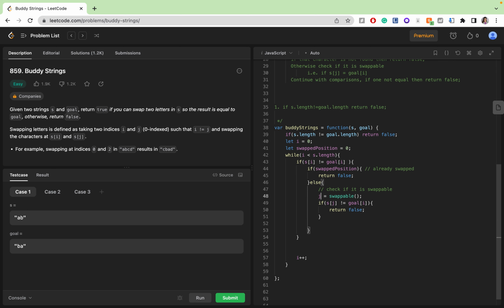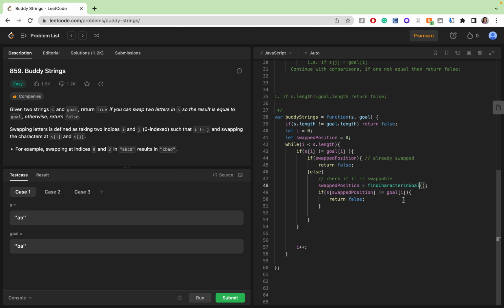So I can say find position, find character in goal. So this is swapped position, and find character position in goal.